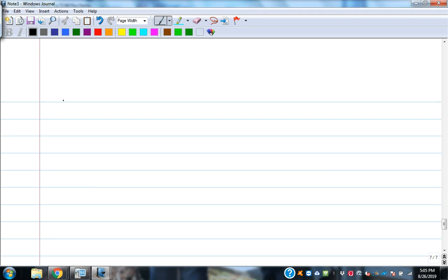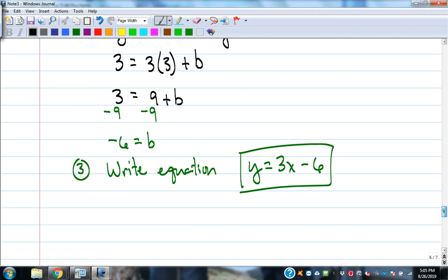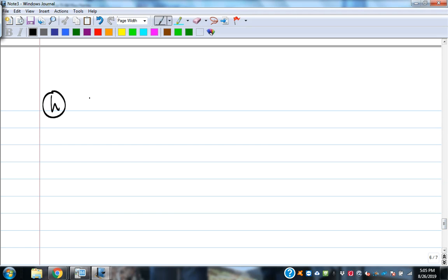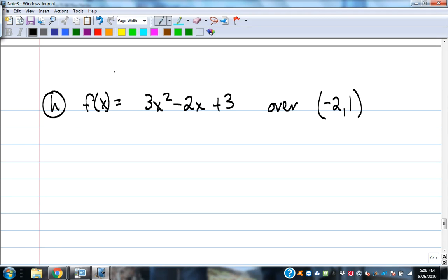So I think it's example H maybe. Yeah. f of x equals 3x squared minus 2x plus 3 over the interval -2 to 1. Write the equation of a secant line.